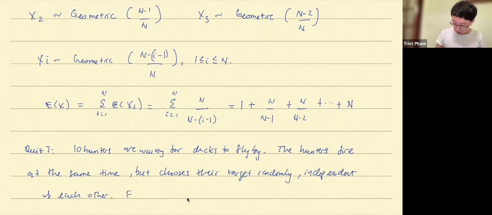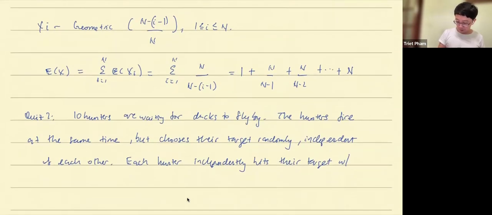Now, each hunter independently hits the target with probability p.